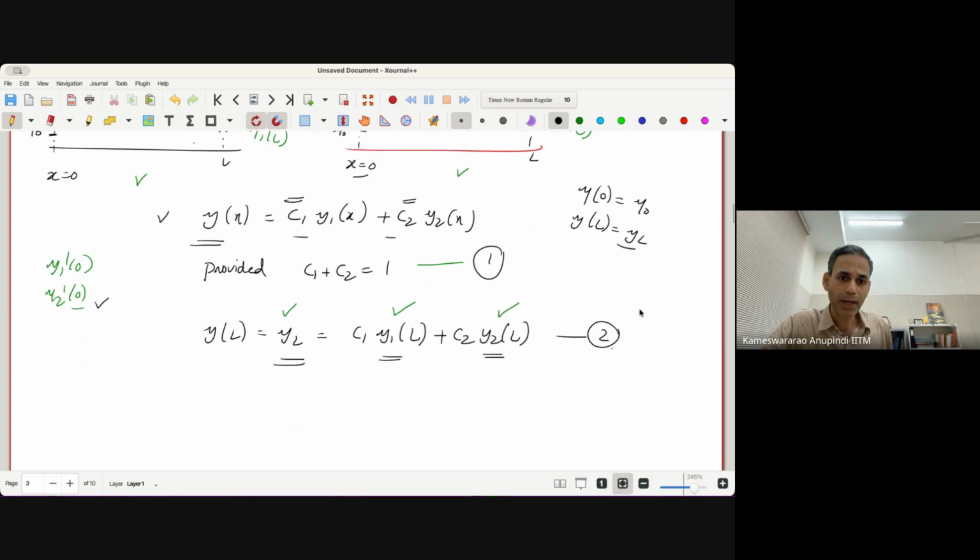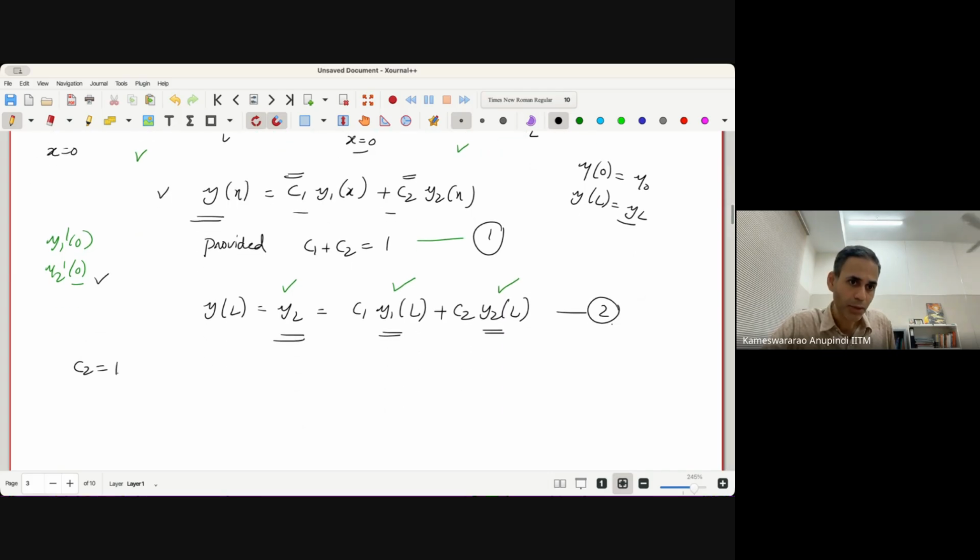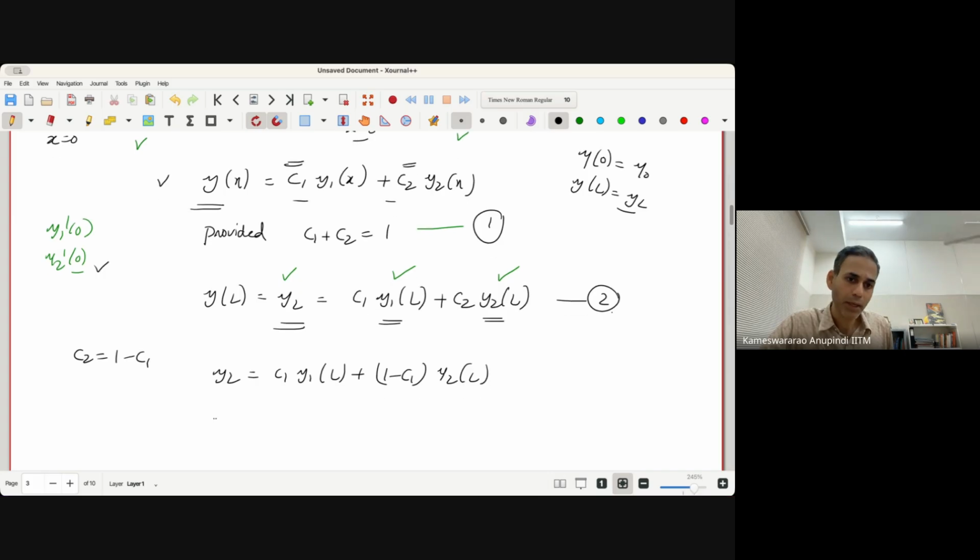Okay. So let me calculate this. So I can write my C2 equals 1 minus C1, and then yL equals C1 y1 of L plus 1 minus C1 y2 of L. Okay, so I can write this as yL minus y2 of L equal to C1 times y1 of L minus y2 of L. So that's what I have.